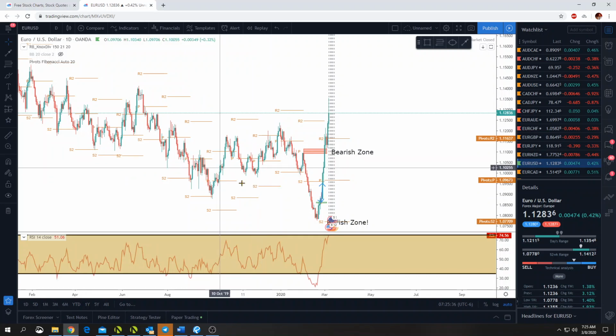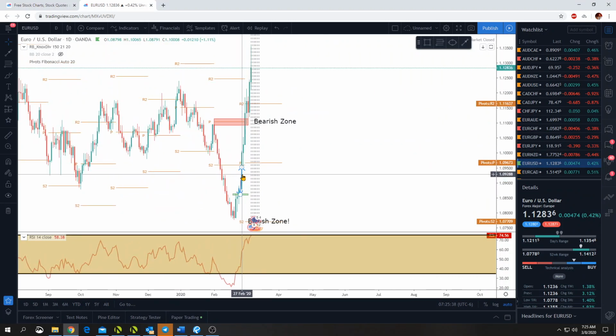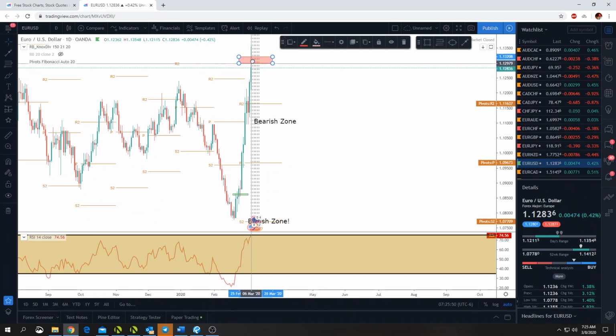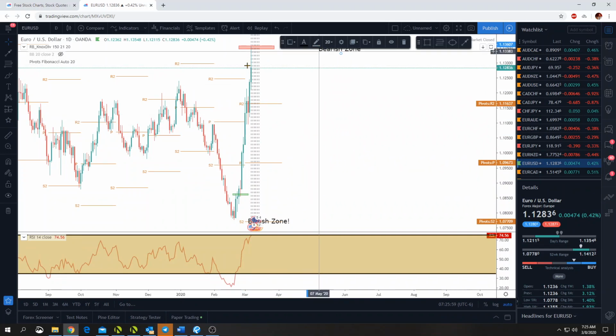Euro USD. Wow. This made some people happy last week. Some people that were short got stuck long on this support. If they held it, they got out of it. I'm not bearish. We had a small, quick sell trade last week on this pair, right at the top, took the profit already.